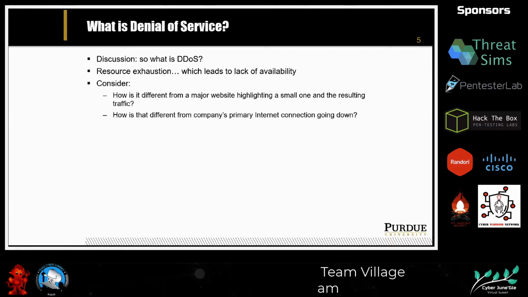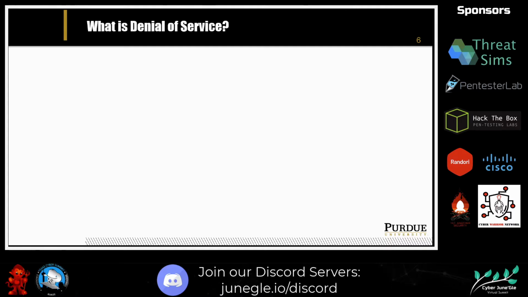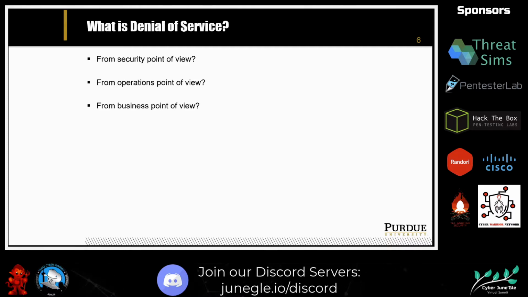Now, having said that, this also may appear like an outage. And this is interesting to look at because many people perceive DDoS as this magic thing that happens and nobody can do anything about it. But we already have ways to deal with a lot of traffic with an outage and so on. So we'll look at how to apply those in this space.